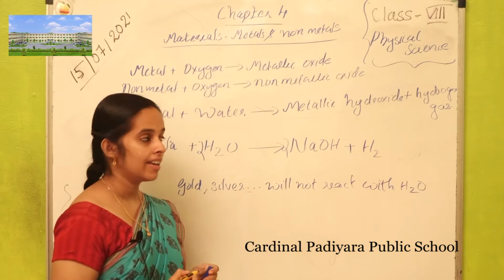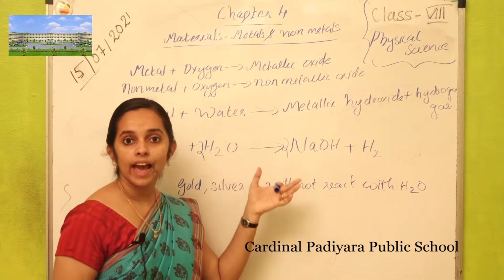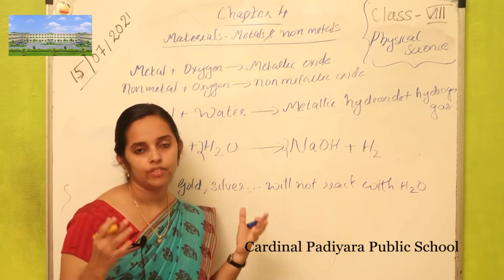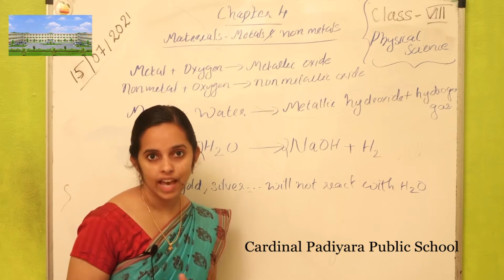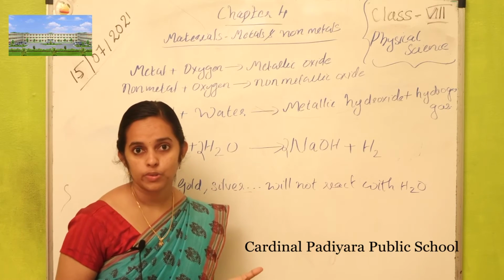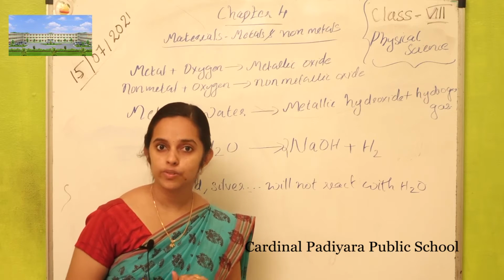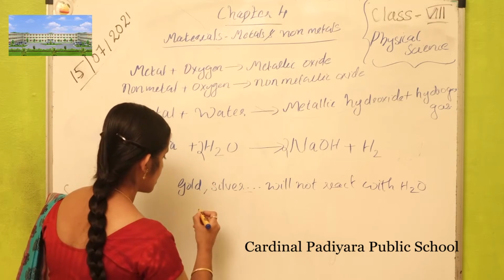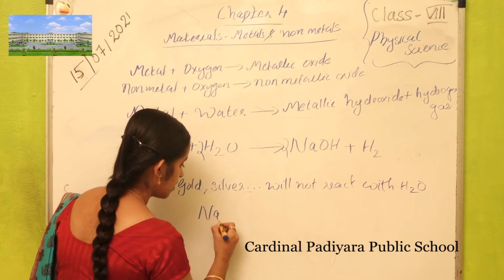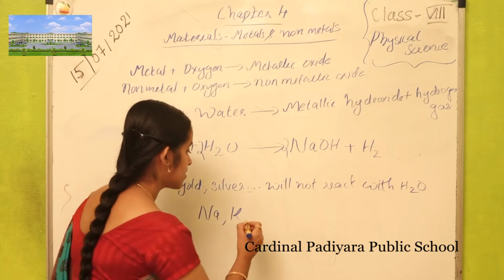Then what about the sodium metal? I already said that sodium reacts with water and also with oxygen, it is very reactive. Sodium and potassium, that is K, we keep in kerosene. Why?